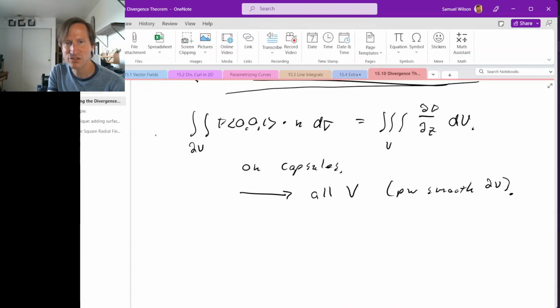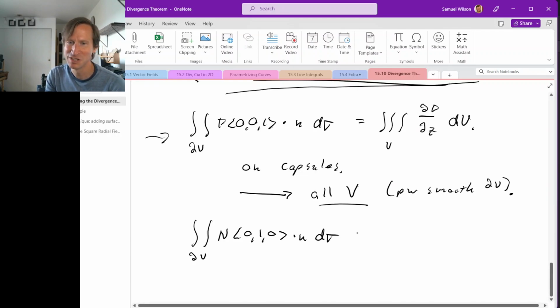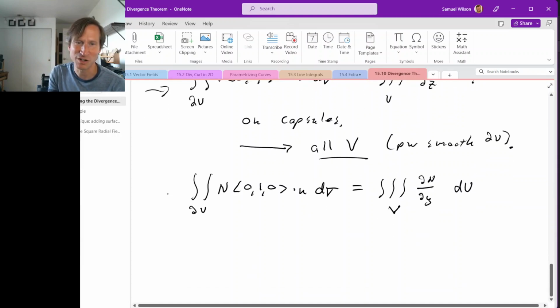So now we know that this formula is true for all volumes with piecewise smooth boundary, but then exactly the same argument, with the variables changed around, is going to prove that the other two coordinate versions of this formula are also true. So the integral over the boundary of N times (0, 1, 0) dot n is equal to the integral over the volume of partial N partial y dV. That's going to be true on all volumes.